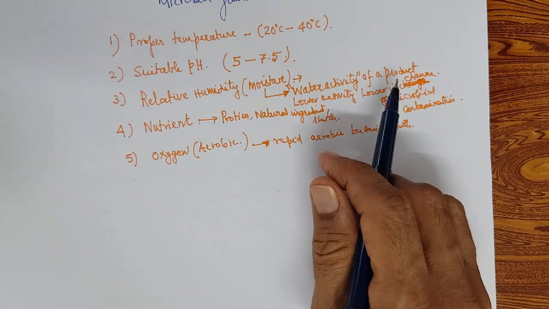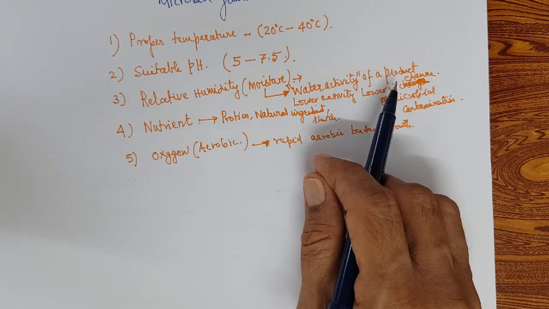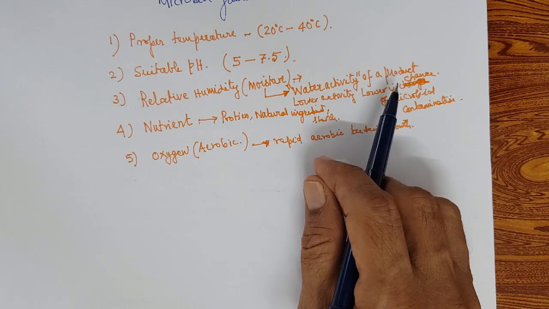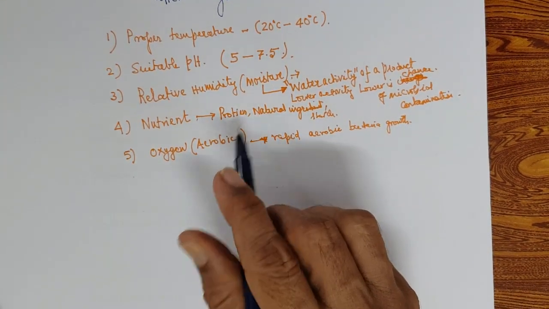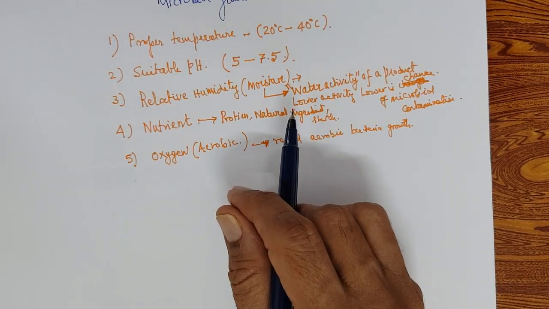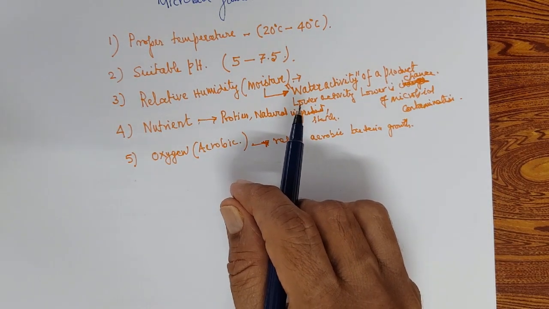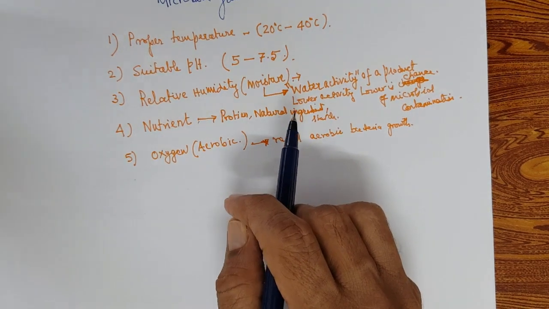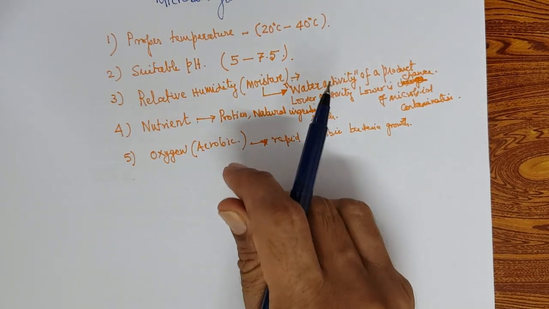For nutrients, when you are adding ingredients that can support microbial growth, you have to select the preservatives accordingly. And of course, for some products, vacuum is applied so that air is removed. It's better, as air can support oxidation, which we said before, and it can support microbial growth also.